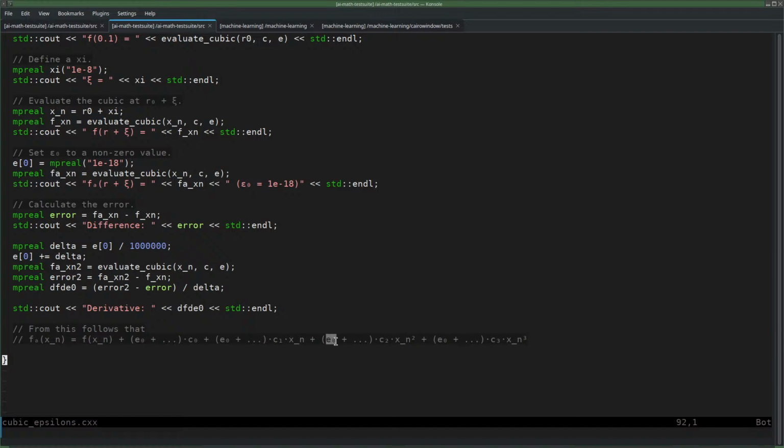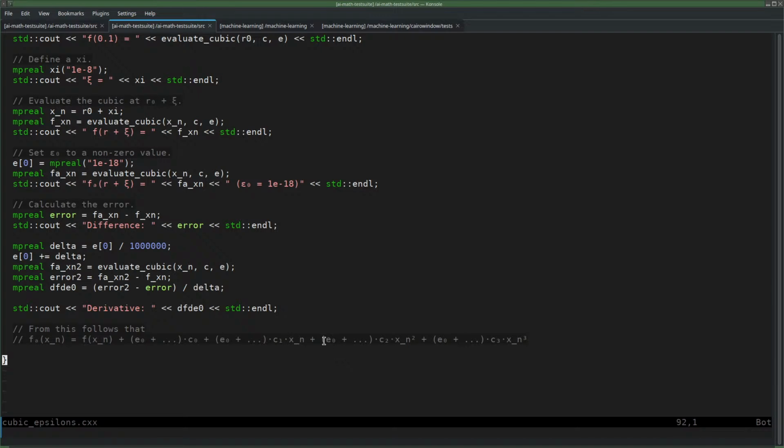That means it is plus 1 times epsilon 0. If we would get minus 0.01, then it would be minus epsilon 0. And we get 2 times, 3 times, minus 5 times, whatever.